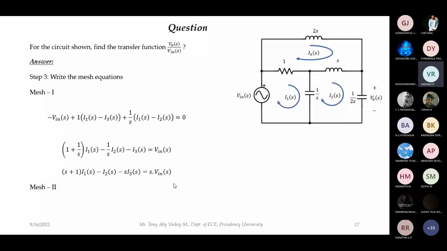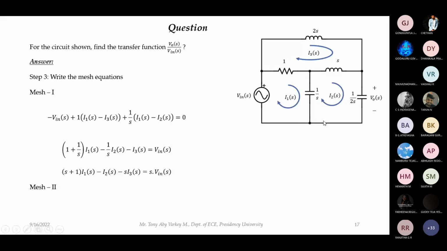It is 1 by s into I2 of s minus I1 of s, next plus s into I2 of s minus I3 of s, plus 1 by 2s into I2 of s, equal to 0. Correct. So I'm starting from here.